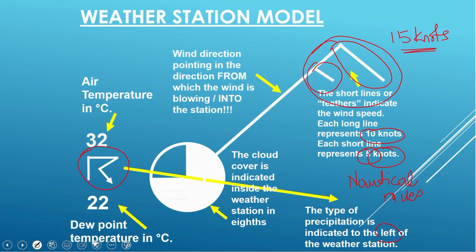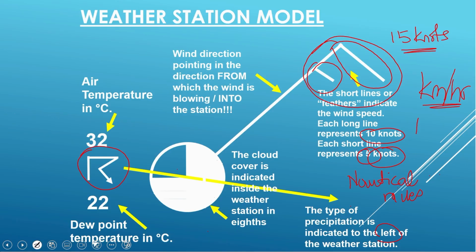Now, remember, in common language usage, we don't talk about knots when we interpret in real life. We're talking about speed or wind speed in kilometers per hour. So you have to be able to convert your knots to kilometers per hour.